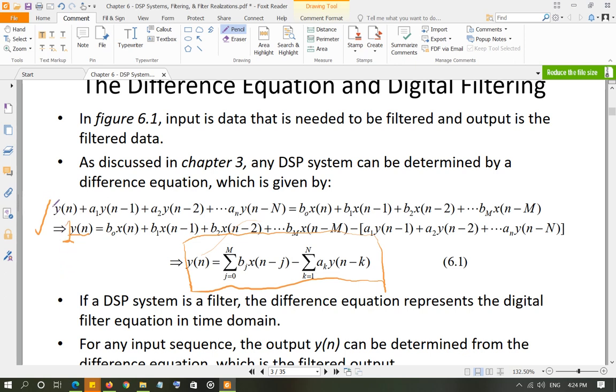What you're going to do, if there is any coefficient associated with y of n, is divide both sides of this difference equation by that coefficient, so that the coefficient of y of n becomes 1, and of course the other coefficients are adjusted when you divide both sides by the coefficient of y of n. So remember that, don't leave it as anything except 1.